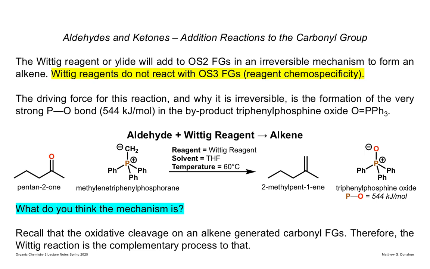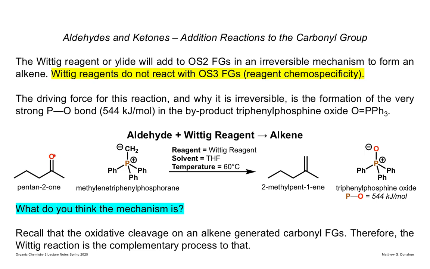And what you see in the products, we have an alkene, and then we have this byproduct called triphenylphosphine oxide. So what's happening is, see this carbon has 2 hydrogens? That carbon becomes this carbon right here.